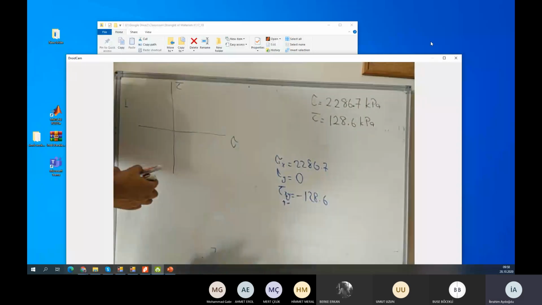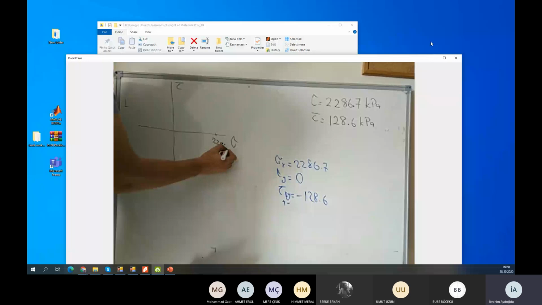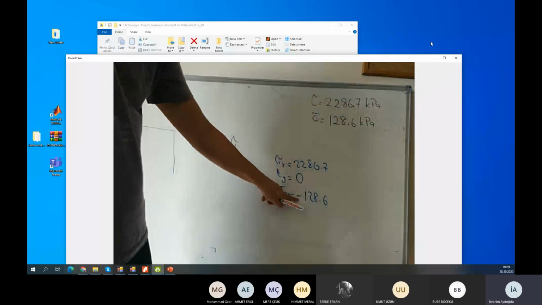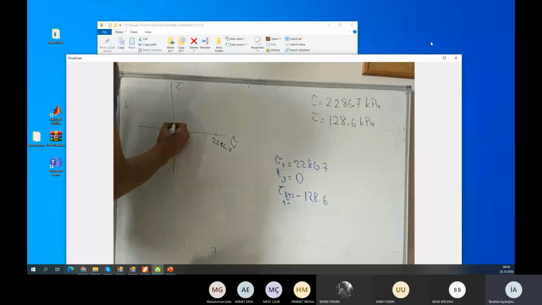So sigma x, you can see like this, 286.7. Negative tau xy, so tau xy is negative, negative, negative, positive. Therefore, it is like this point, 128.6. So this is my first point.